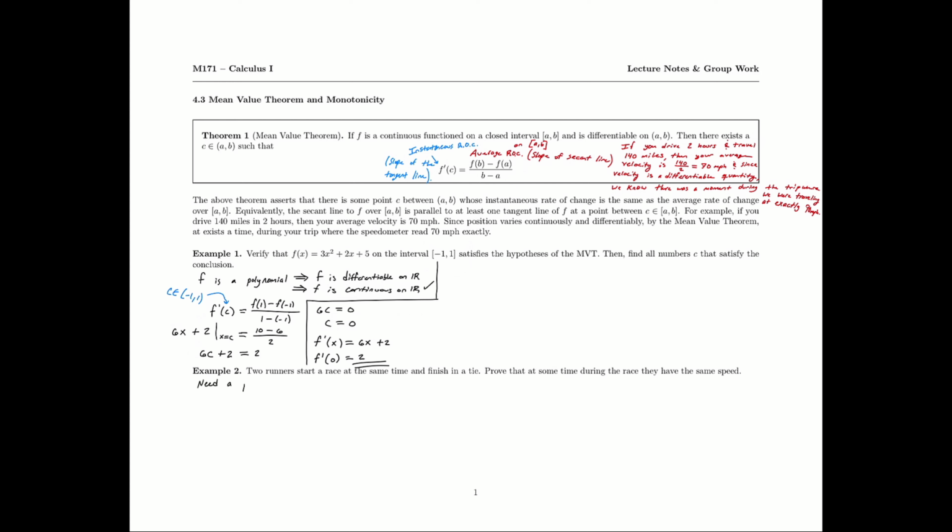So we're going to need a function that gives, so its output, it gives a position at a given time. So in other words, we need a function that you input time and it spits out position or distance, however you want to think about it.